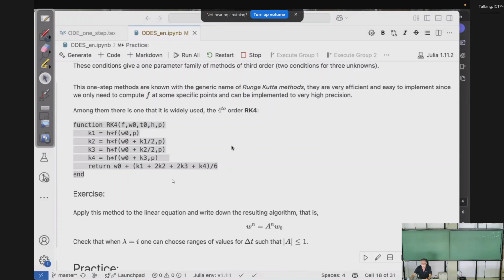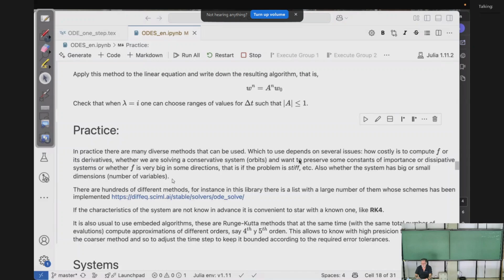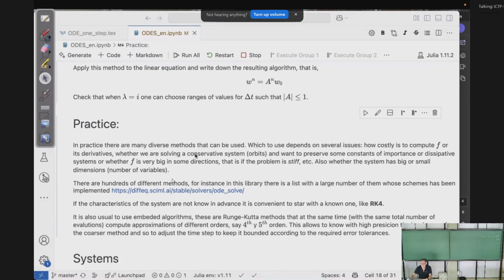And then there are the Taylor type methods, and there are maybe 200 methods implemented. You can see them here, for instance. If you look at this page, you can check many methods.